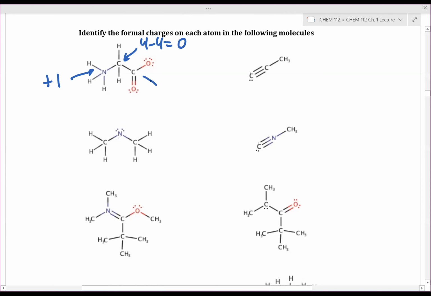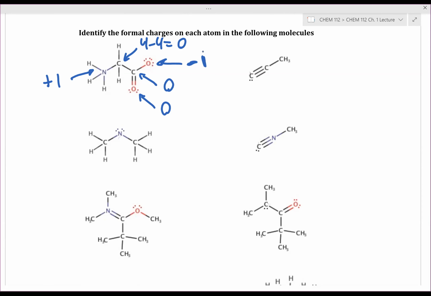Now, assigning formal charges, this carbon has a formal charge of 0, and this oxygen has a formal charge of 0. What about this oxygen up here with its 3 lone pairs and 1 bond? What's its formal charge? -1. Okay. So this is a unique compound in that it has both a positive and negative charge found in the molecule.